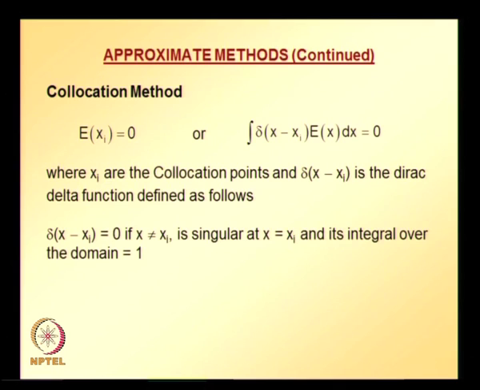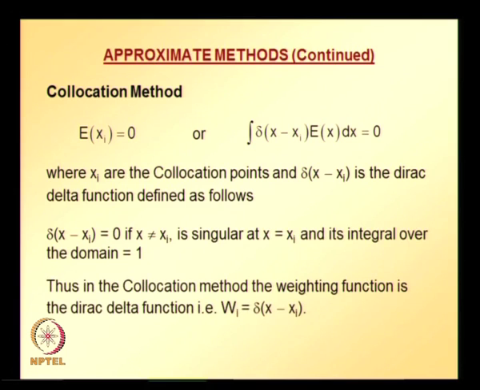If not, here is the definition: delta x minus xi is equal to 0 if x is not equal to xi, it is singular at x equal to xi, and its integral over the entire domain is equal to 1. If we compare this with the definition of weighted residual that we looked at, we can easily notice that the weighting function for the collocation method is the Dirac delta function.